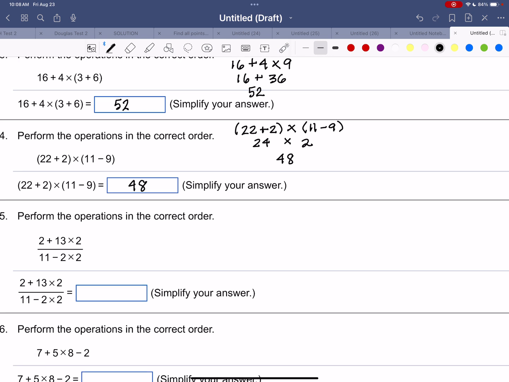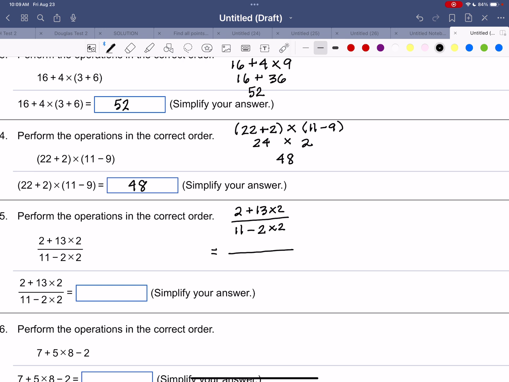Number 5, 2 plus 13 times 2 divided by 11 minus 2 times 2. Now, I mentioned before that a division bar is a grouping symbol. So that means I'm going to do the top and then I'm going to do the bottom, and I'll divide last because we're grouping.